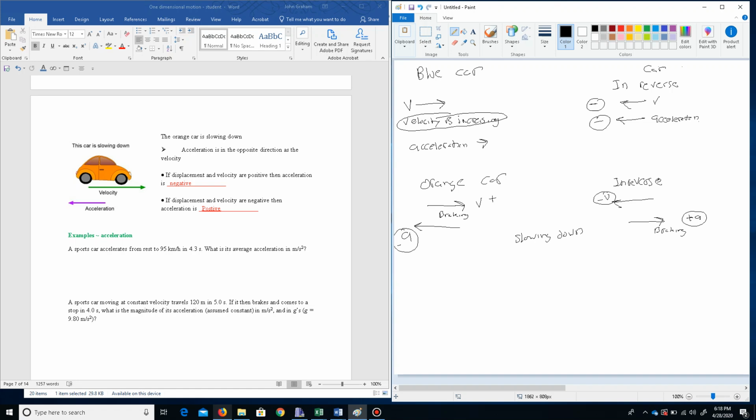Right. And so you can have slowing down when the acceleration is positive or when the acceleration is negative, depending on which direction the speed is going. Most of the time, if we can keep the velocity in the positive direction, then we know if it's slowing down, our acceleration is negative. If it's speeding up, our acceleration is positive.